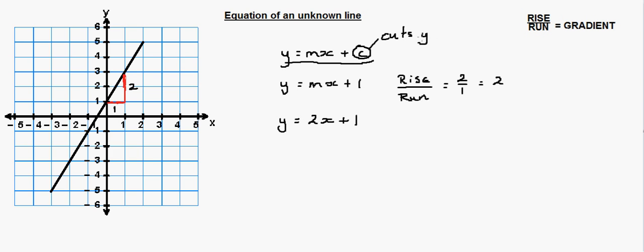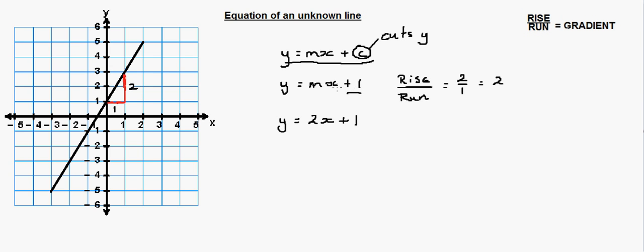So this number will always be wherever that line cuts the y-axis. This is the y-axis, the vertical, and I can see that it cuts at +1. So here I can say +1. It really is that simple.